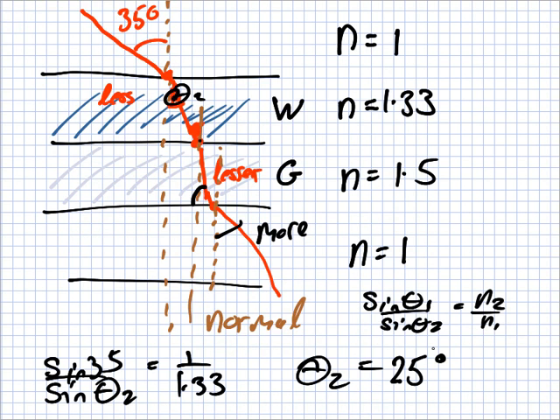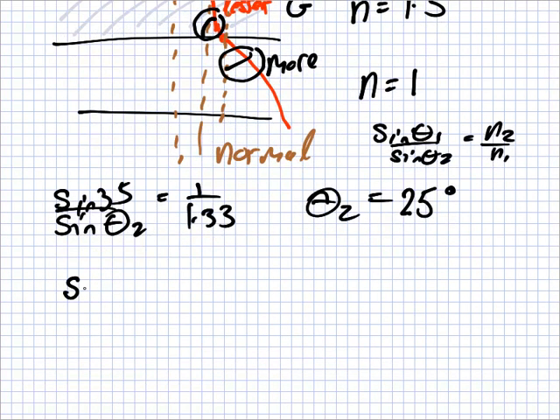Determine the angle of refraction as the ray leaves the glass. So that's this angle here. So that means we need to know this angle, which will be the same as this one here, which is this one here, which is this one here.